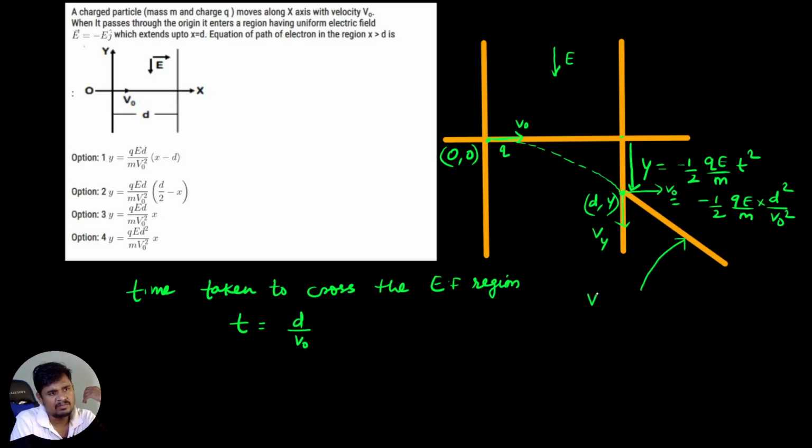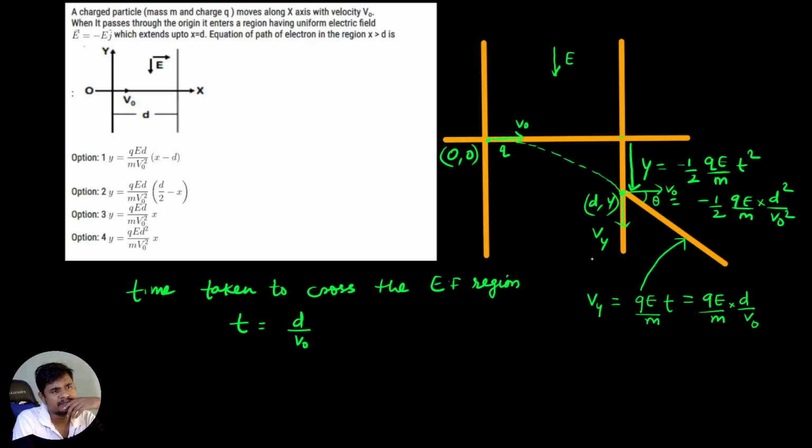If I calculate vy, then vy will be 0 plus qE by m into t, because the initial speed in the y direction is 0. So that is qE by m, and t is d by v0.